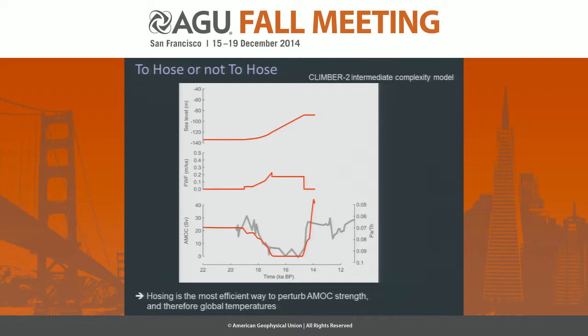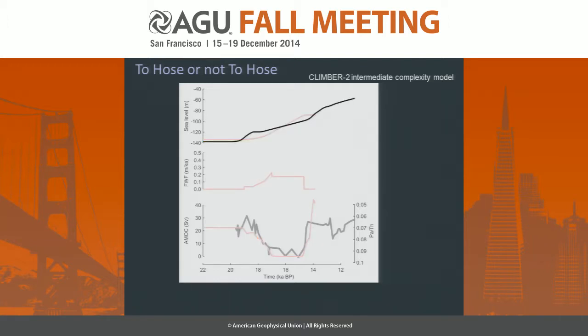So a partial conclusion of that experiment would be that Hosing is the most efficient way to perturb AMOC strength. And then, because of the bipolar seesaw and other physical mechanisms being triggered, we can simulate Antarctic temperatures and Greenland temperatures mainly. But what happens if we now focus on the black curve, which is, let's say, the most realistic one?